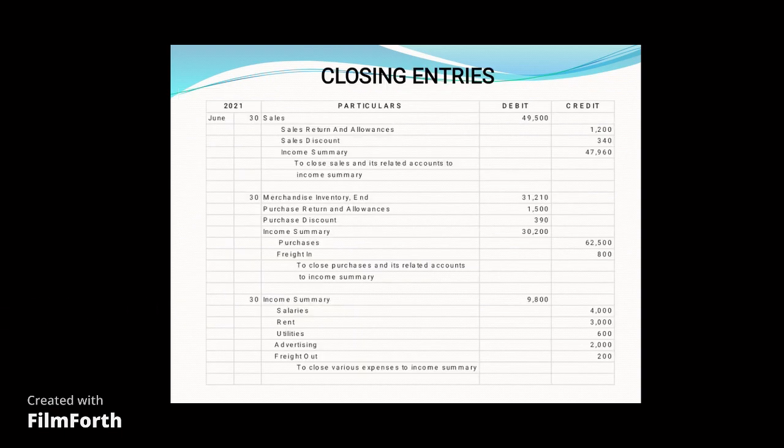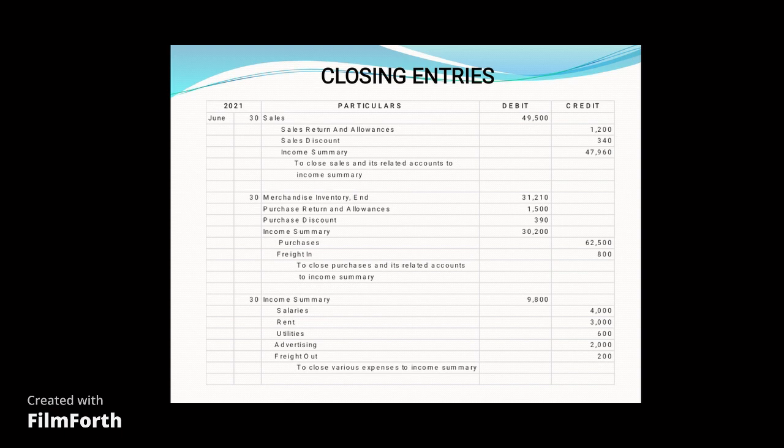So the next step is closing entries. Closing entries are prepared at the end of the accounting period to zero out all nominal accounts in the ledger. This is done so that the transactions during the period will not commingle with the transactions in the next period.